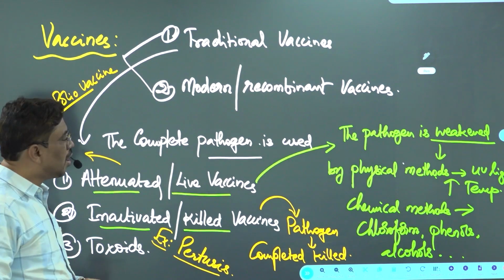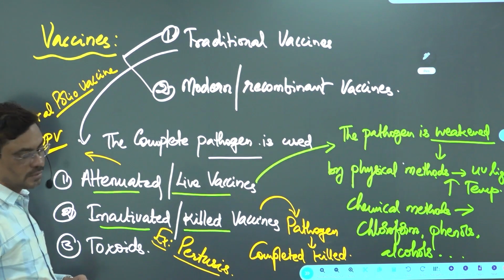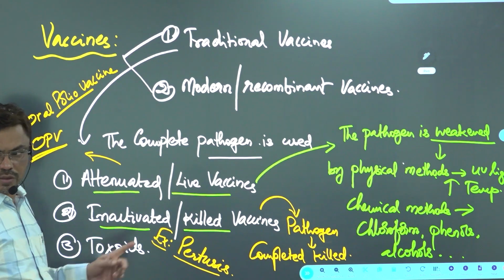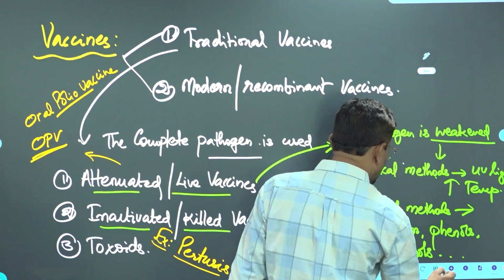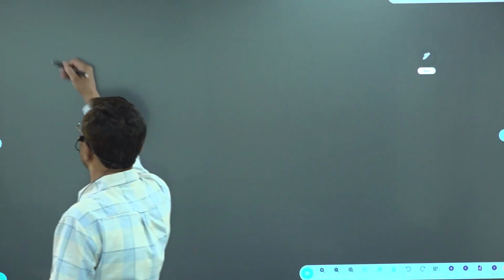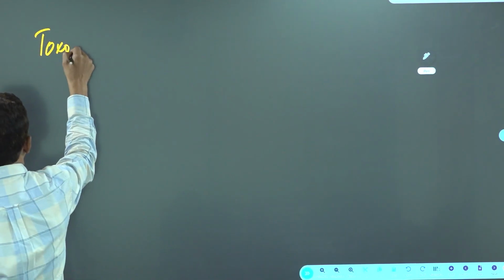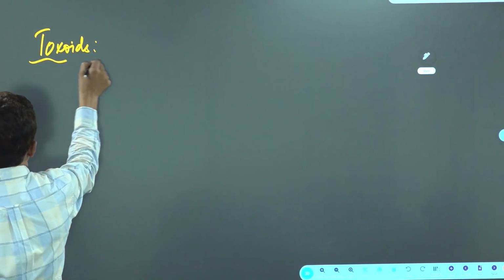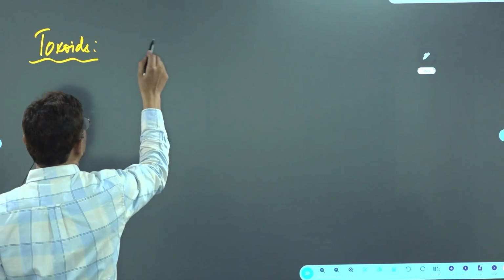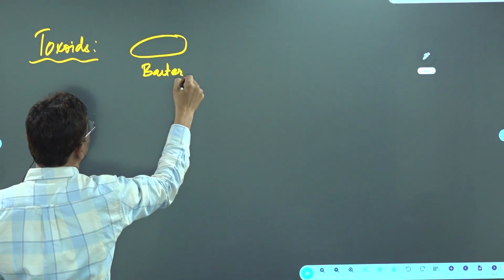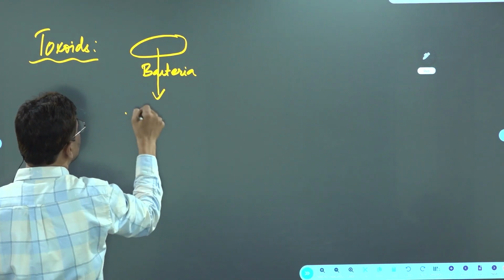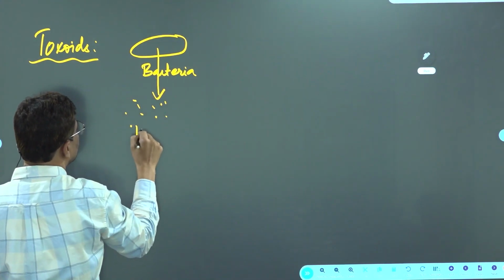And then toxoids. Suppose this is a bacteria, and this bacteria releases certain chemicals, or you can say toxins.